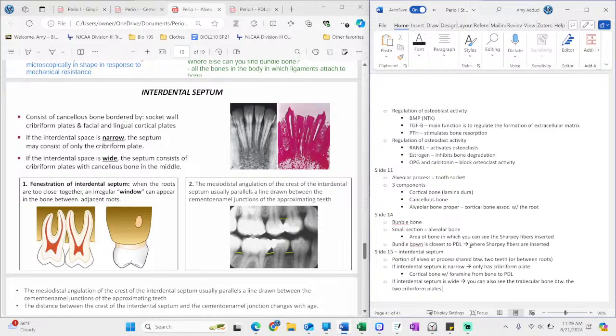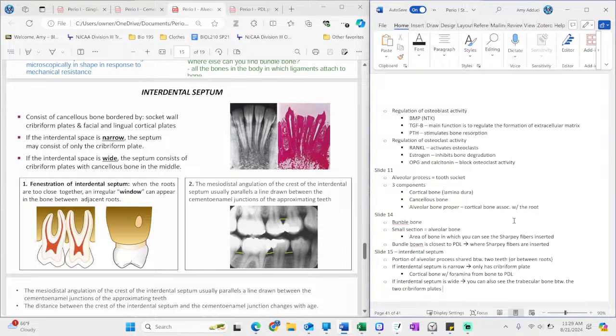And this brings me to these two things, fenestration and the other one, dehiscence. Fenestration comes from French, fenestre, which is window. And you have to be able to describe this as a fenestration and this as an example of dehiscence.